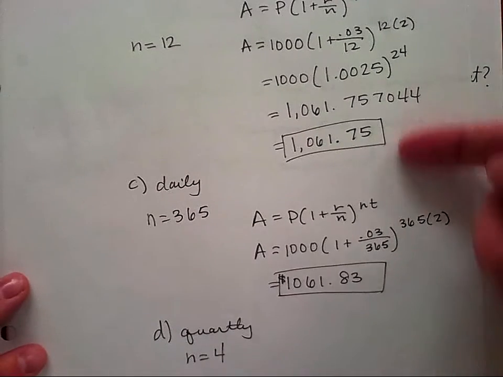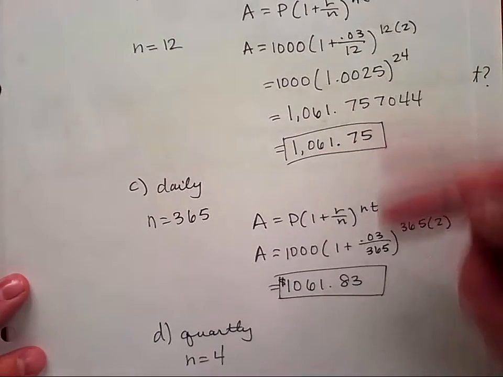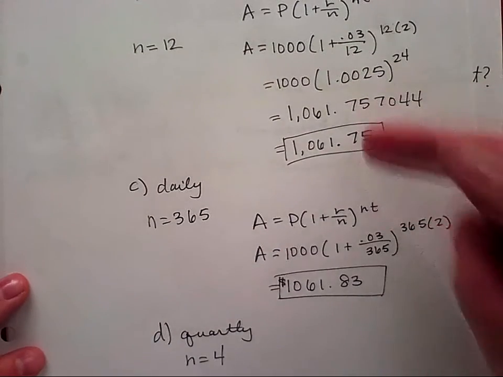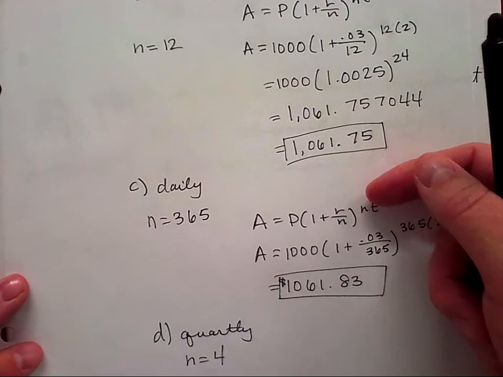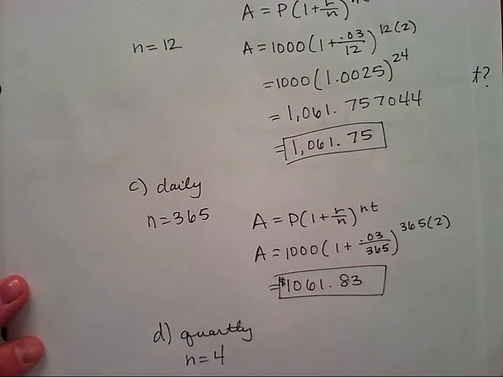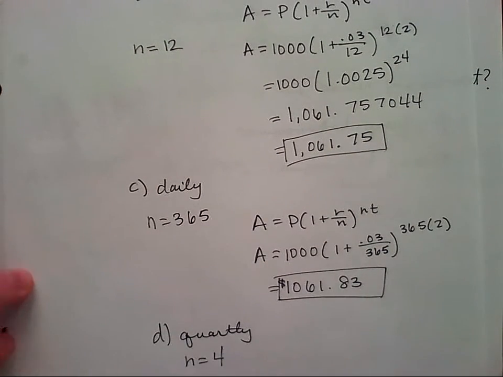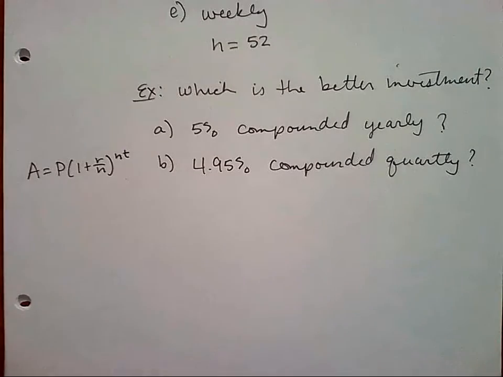Which letter did we use? The accumulated amount, A, the future value. If I deposit the same amount into each bank account, which one gives me the best return? Which one gives me the most money, right?